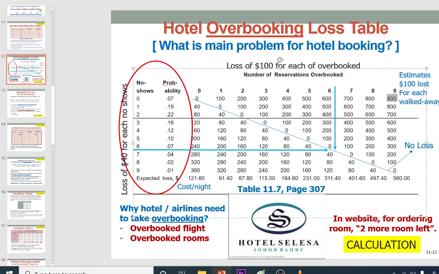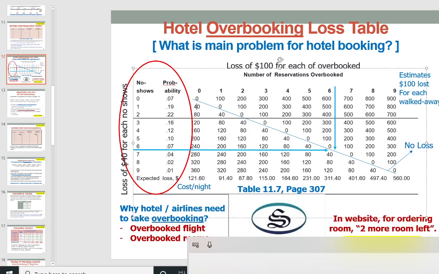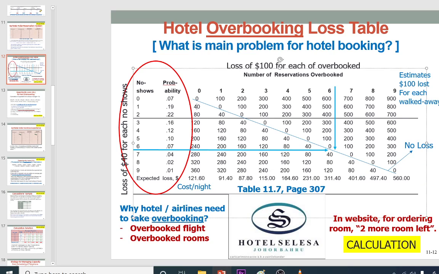As we said earlier, one night of stay costs the hotel $40. So if one no-show, it means $40 lost. If two no-show, it will be $40 multiplied by 2, which is 80, and then 120, 160, 240, and so on.